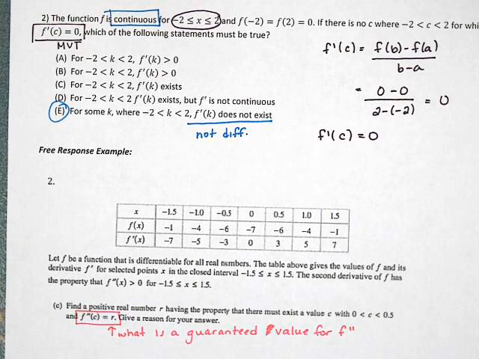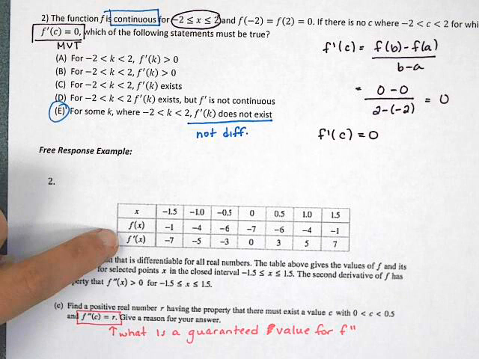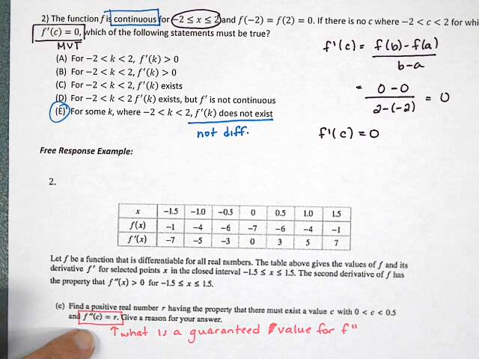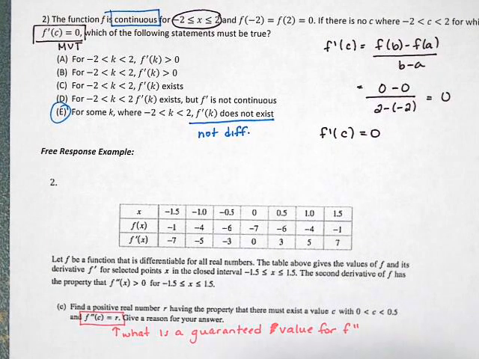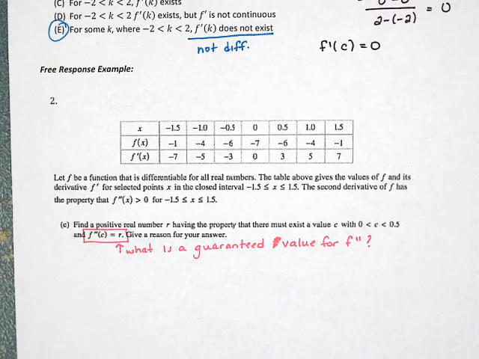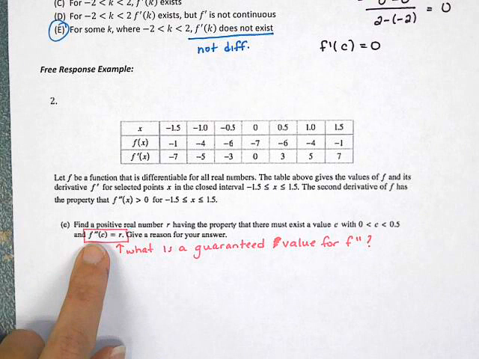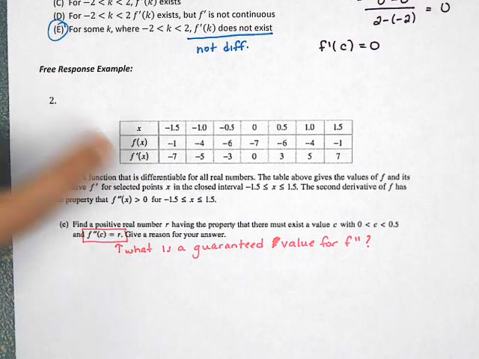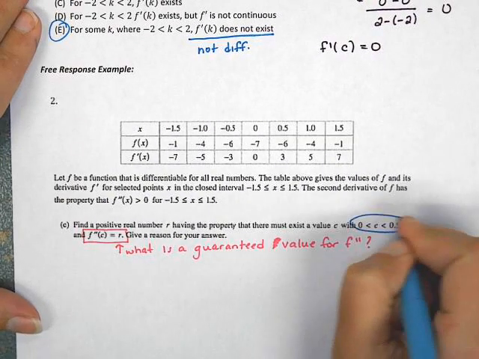Well, since we know some numbers for the first derivative, and the second derivative is just the slope of the first derivative, we can use the mean value theorem because we're trying to guarantee a slope of something we know between 0 and 0.5.